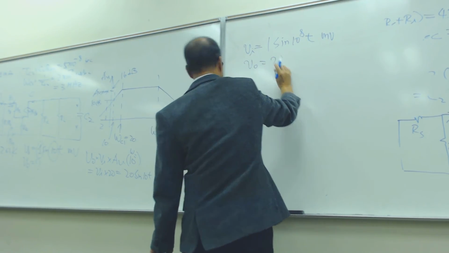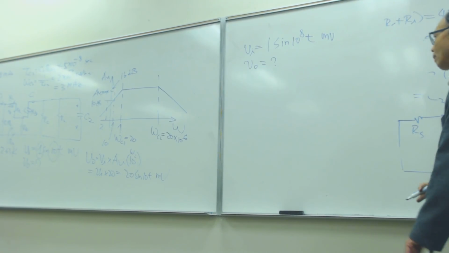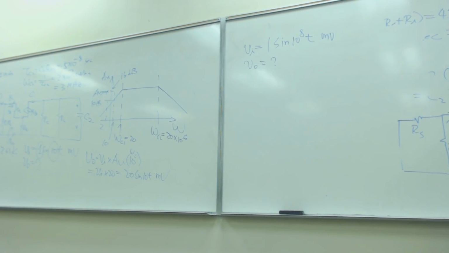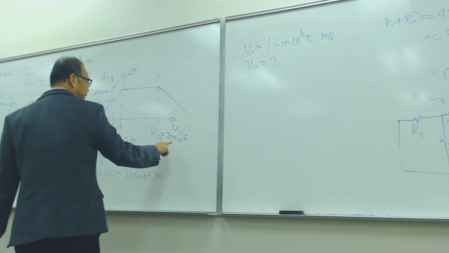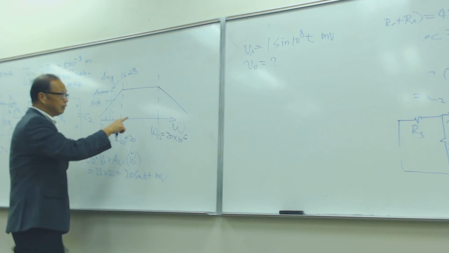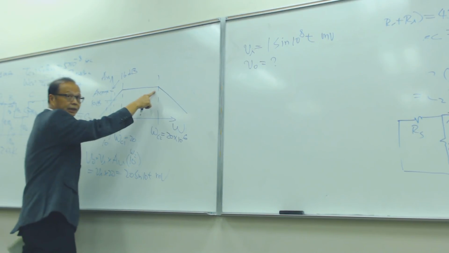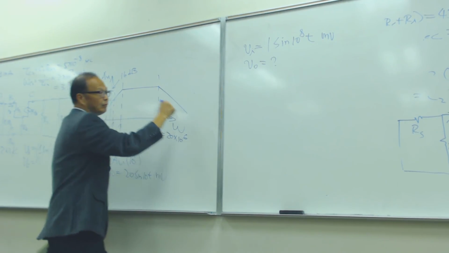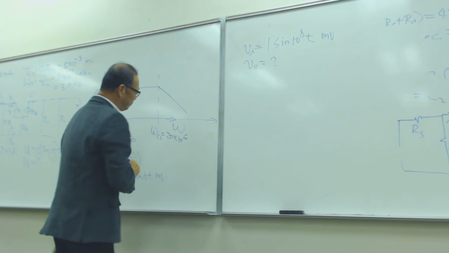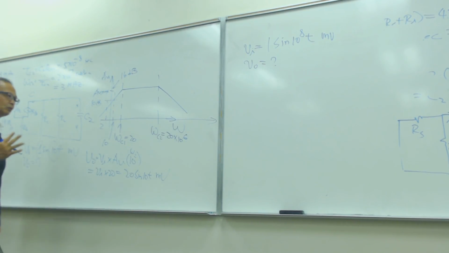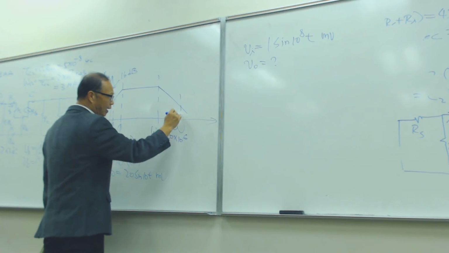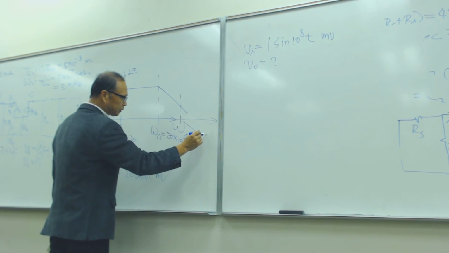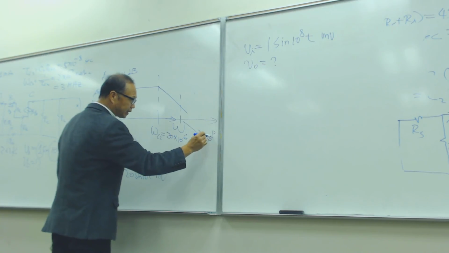What is V sub O? At 2 times 10 to the 7 we have 16 dB. So how do you get to 10 to the 8? What's the best way? If you go 1 decade above, you have 2 times 10 to the 8.